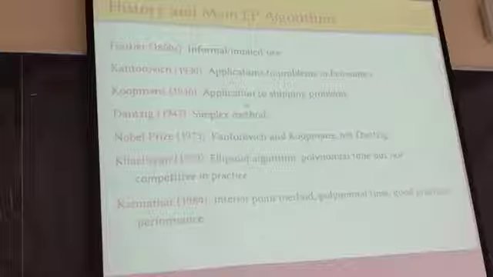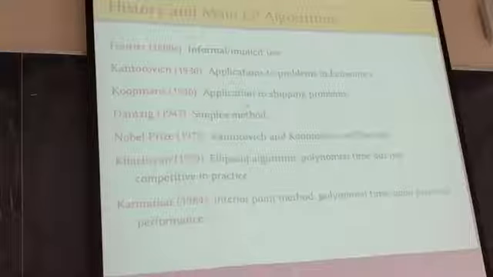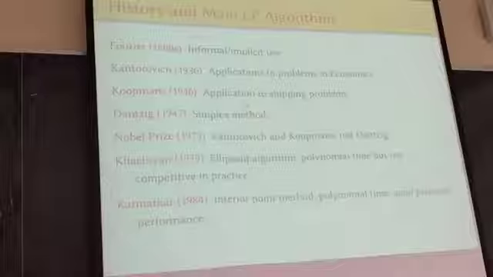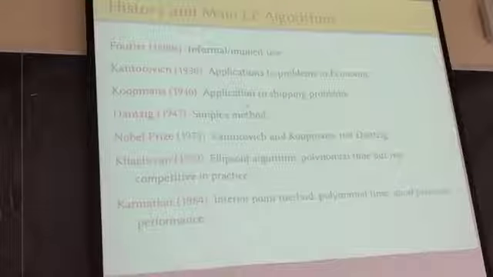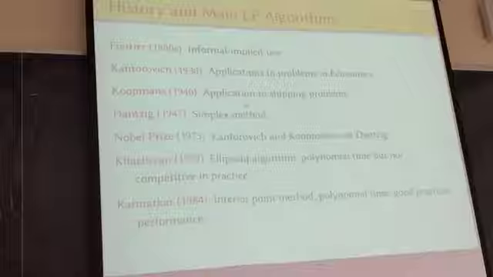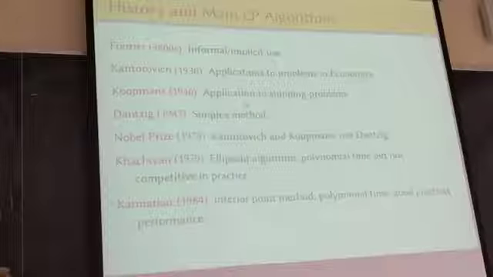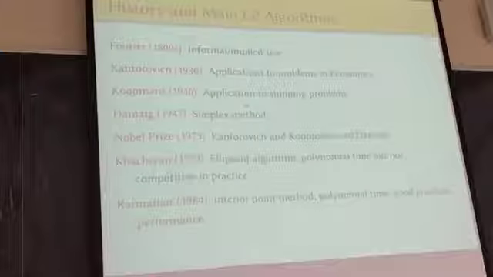And then Karmarkar in 1984 came up with another technique, which ended up being polynomial and also giving more reasonable performance in practice. I remember I was an undergraduate when this news came out, and it was big news, especially because I was in India at the time, and there's this Indian guy who solved some problems. So it was just big news there. Okay, so that's all I want to say about linear programming.